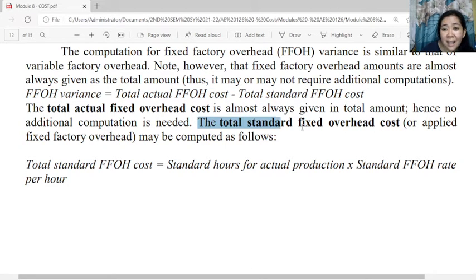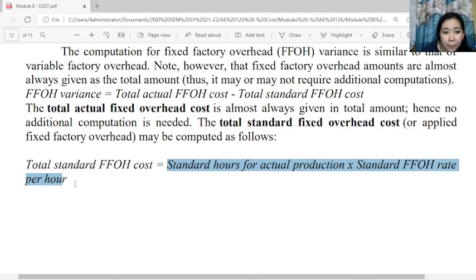The total standard fixed overhead cost, or applied factory overhead, can be computed as standard hours for actual production times the standard factory overhead rate per hour. If you notice, we have the same formula as under the variable; we just use the fixed rate here.